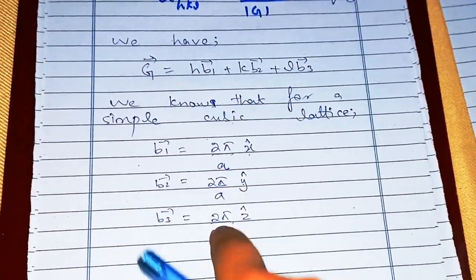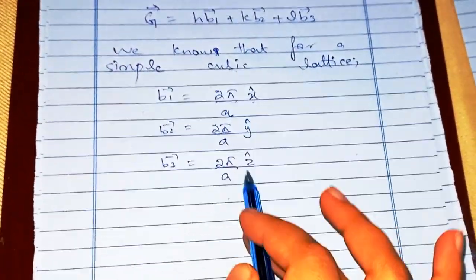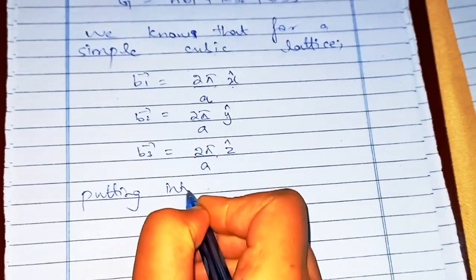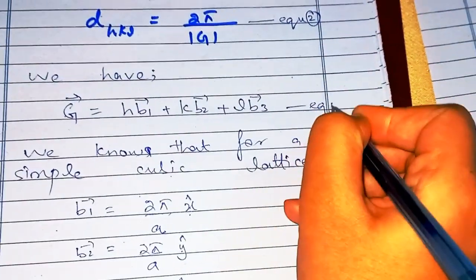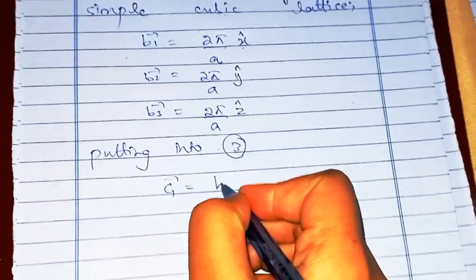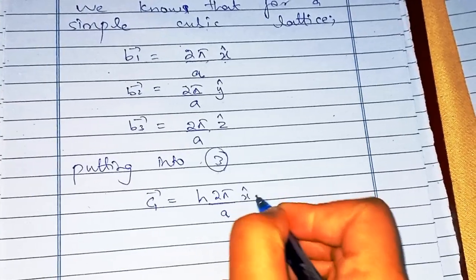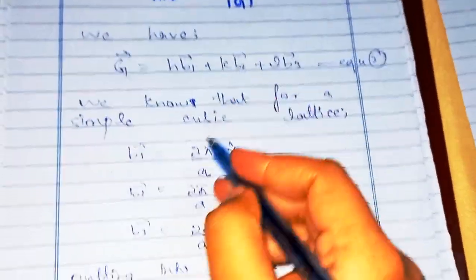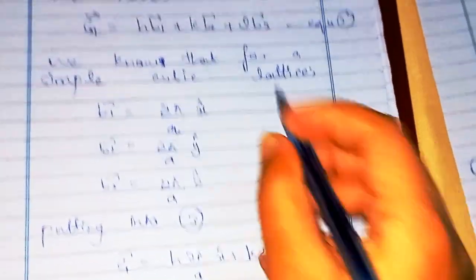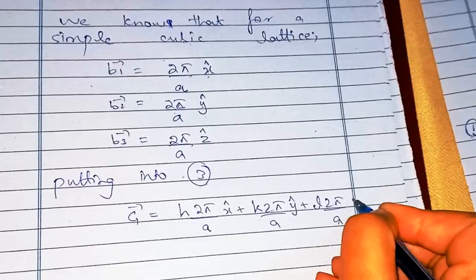We'll be putting these values back into this equation, let's call it equation number 3, in order to get the G vector in terms of the xyz coordinate system. Putting it gives us G vector equals h times b1, which is 2π by a x hat, then k times b2, 2π by a y hat, plus l times b3, 2π by a z hat.